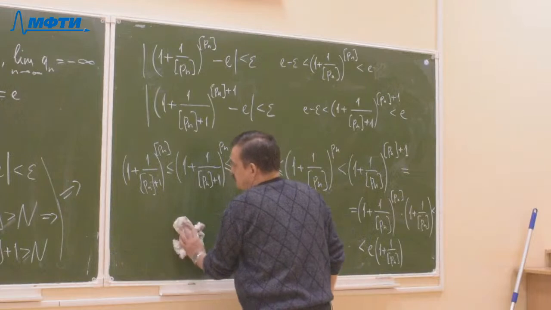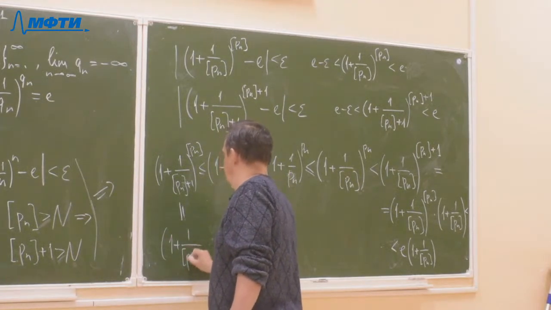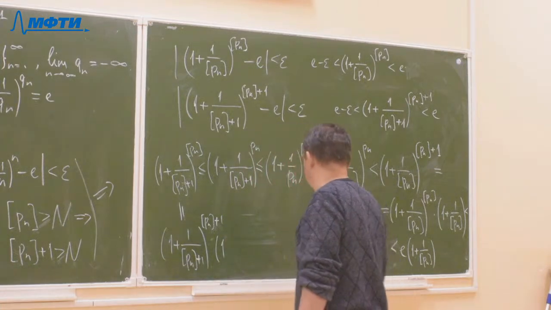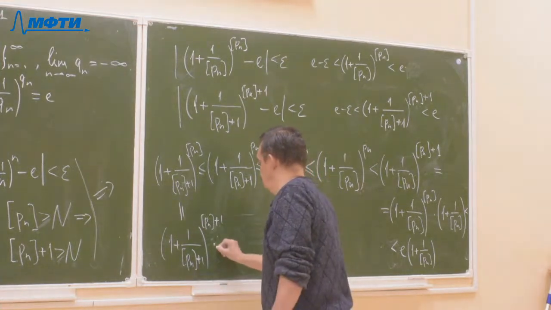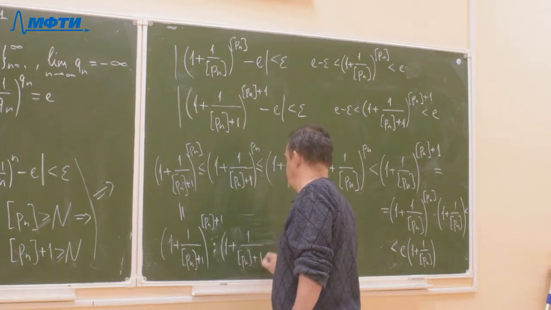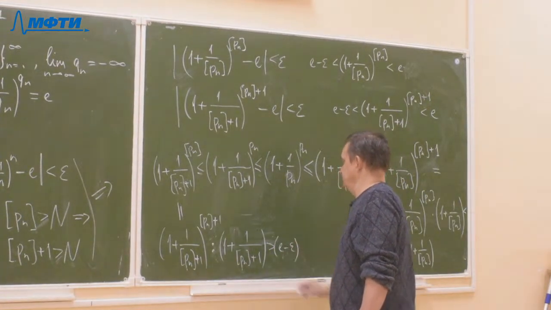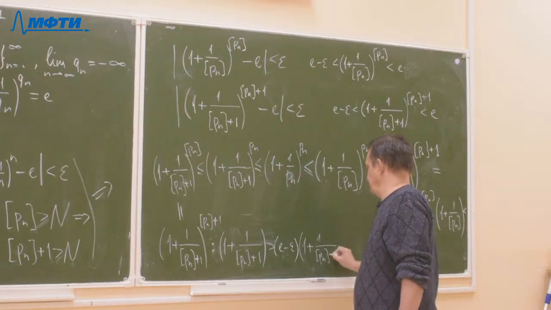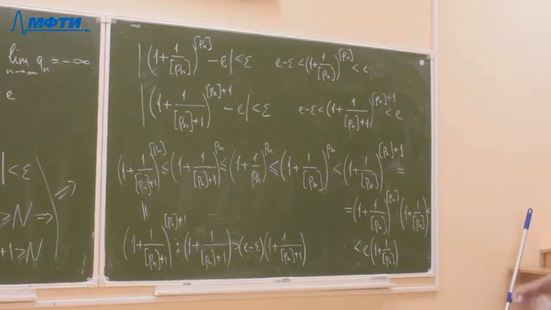And similarly to the left hand side, that is 1 plus 1 over integer part of Pn plus 1, to the power integer part of Pn plus 1, divided by 1 plus 1 over integer part of Pn plus 1, and that is greater than e minus epsilon, times 1 plus 1 over integer part of Pn plus 1.